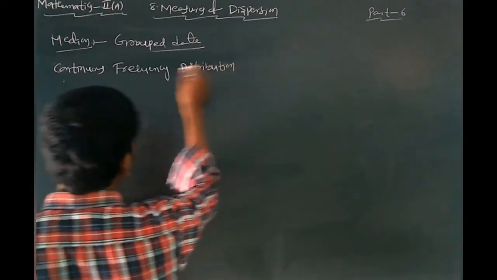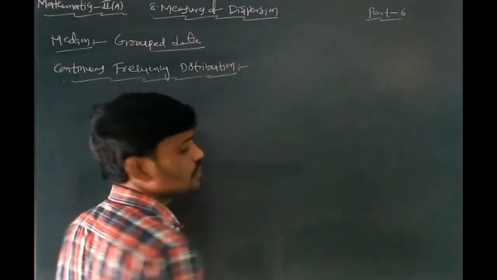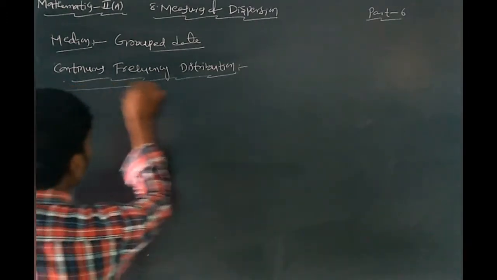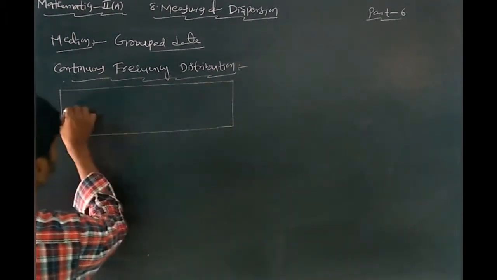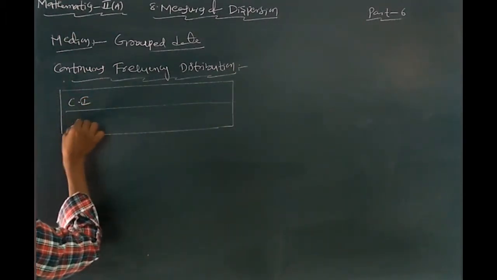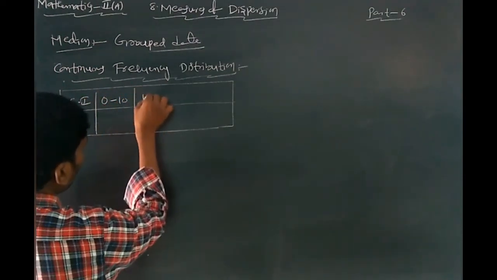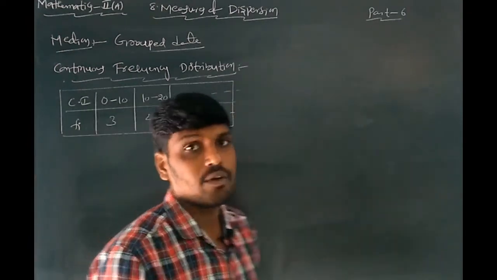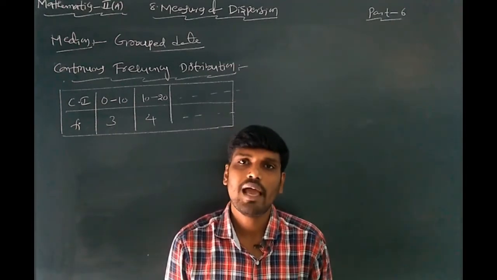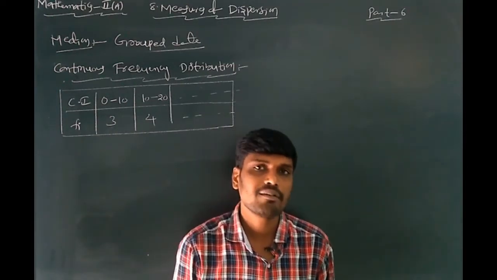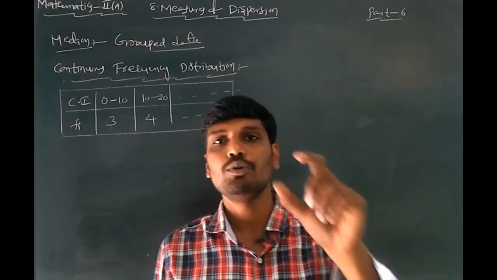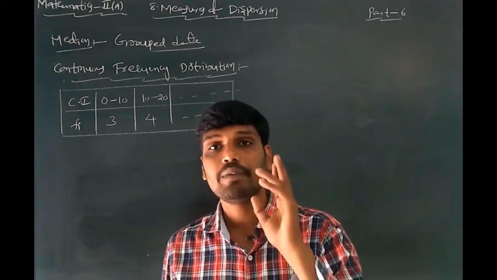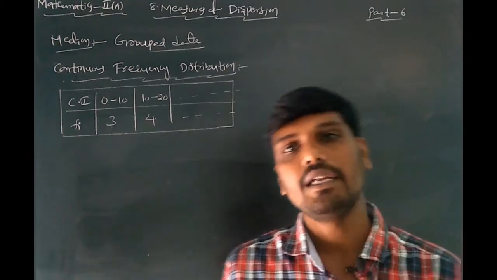In this continuous frequency distribution, the data is in the form of class intervals and frequencies, such as 0 to 10 or 10 to 20, followed by the frequencies 3, 4, 5 and so on. A table having class intervals and frequencies is called a continuous frequency distribution. In this, you can find the median.